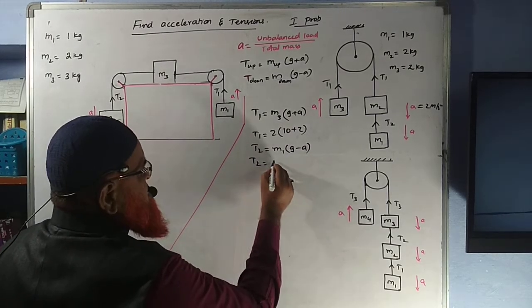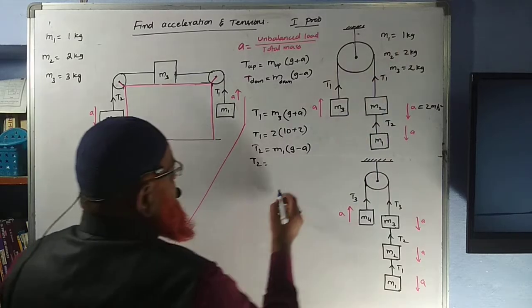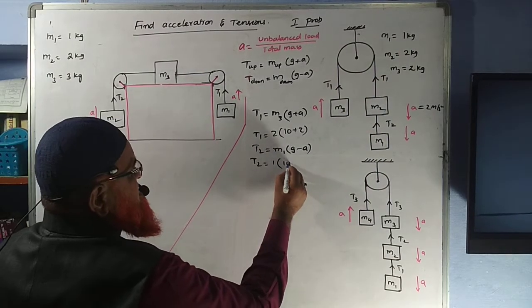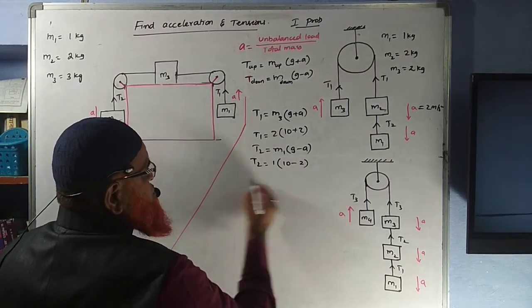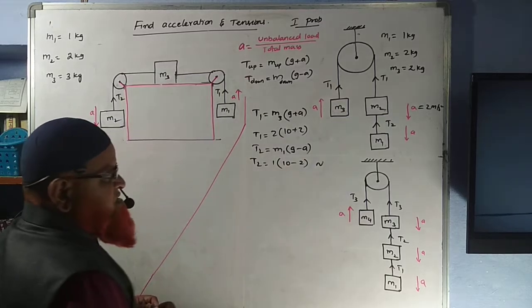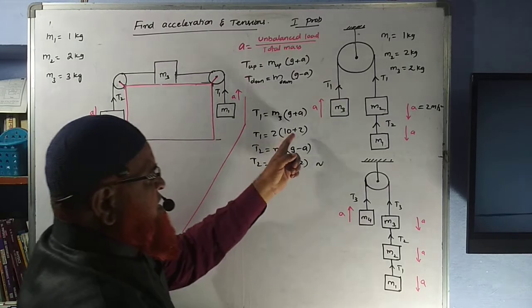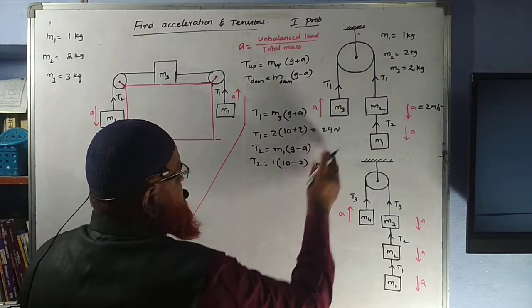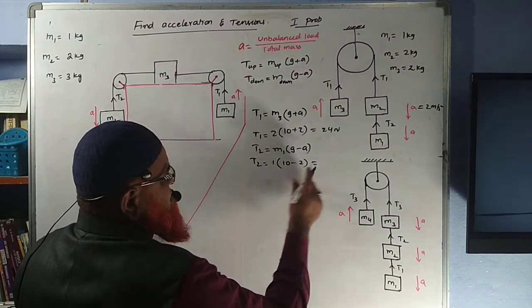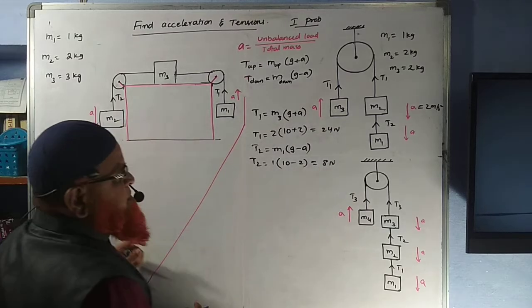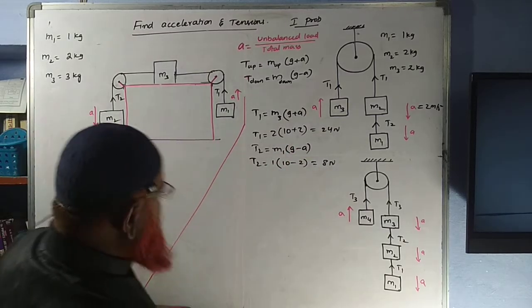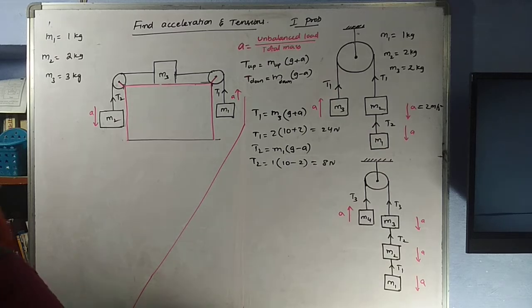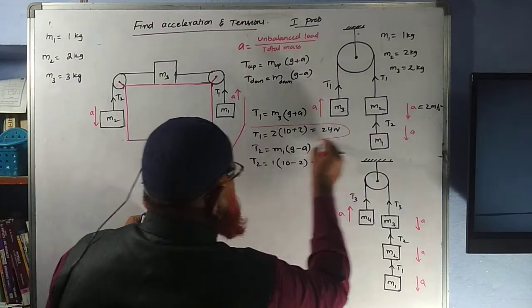So therefore T2 is equal to, what is M1 here? M1 is 1 and G is 10 and A is 2. Okay, so these are the answers which you have to solve here. So this is nothing but 24 newtons and this is nothing but 8 newtons. It's very simple. So you got the answers for tensions here.